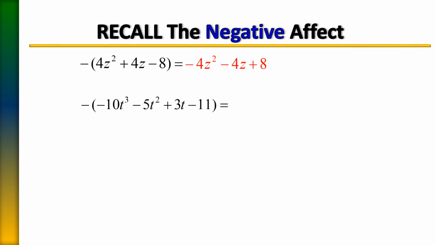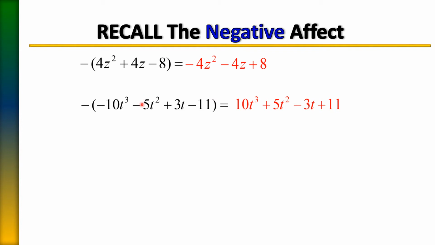Here's another example. Every term inside that parentheses is going to be changed to their opposite. Why? Because that group has a negative in front of it. That's what it does. You can almost think of it as negative 1, because negative 1 times negative 10t cubed is going to be positive 10t cubed.